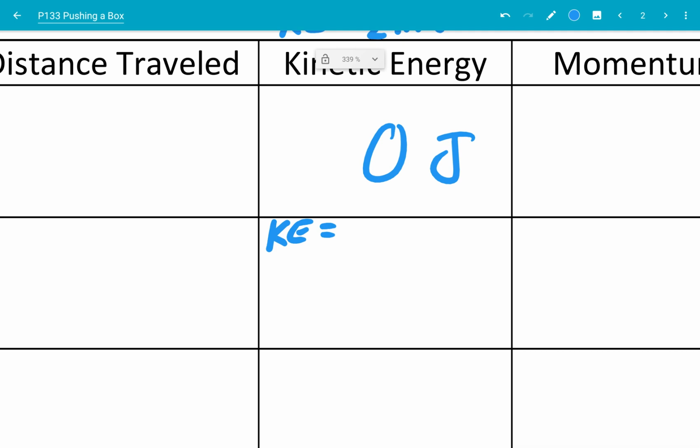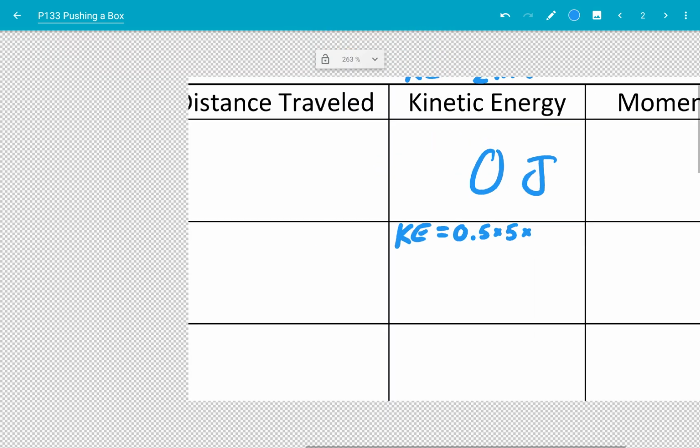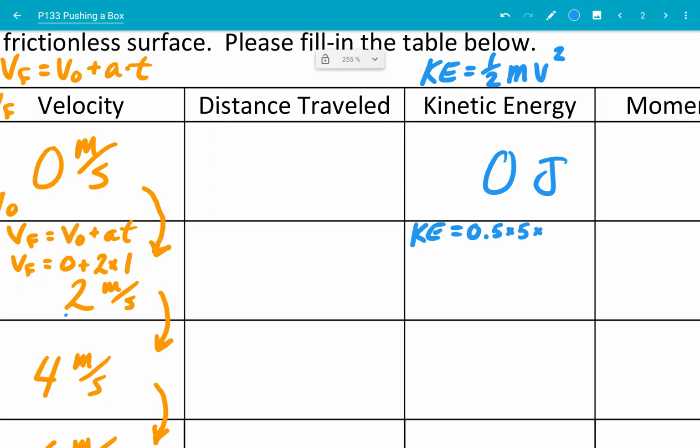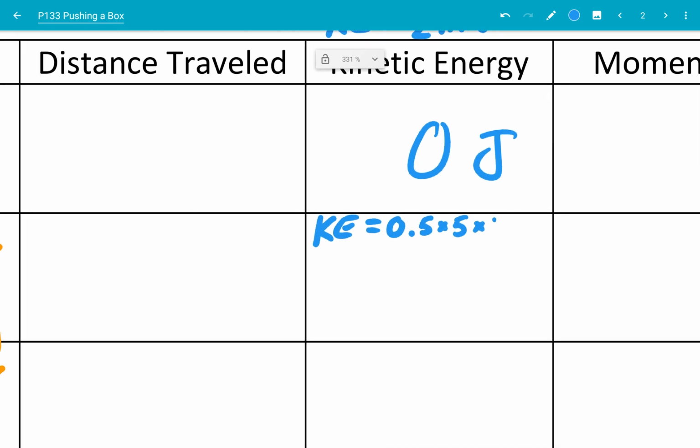It's half, which you can put into your calculator as 0.5, times the mass, which was 5 kilograms, times the velocity. After 1 second, it's going 2 meters per second, so we're going to put that here. And it's going to be the velocity squared.